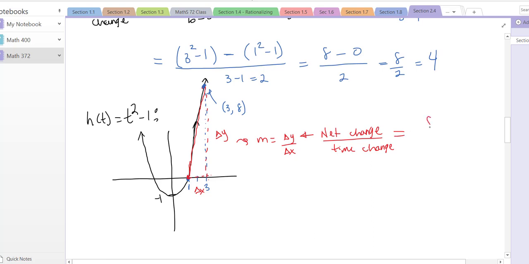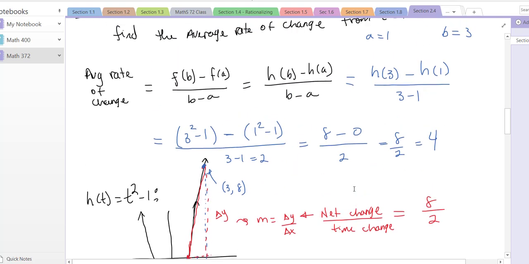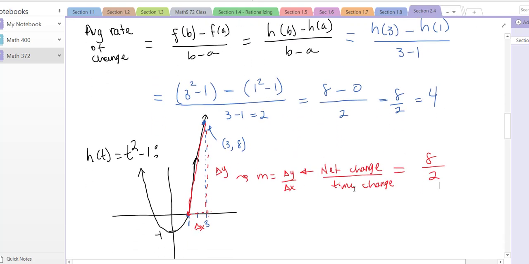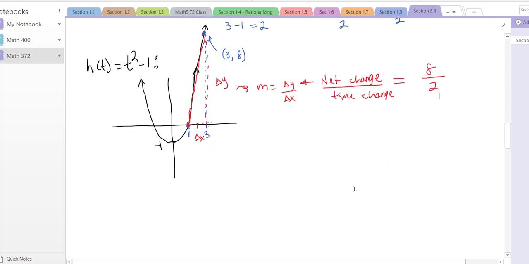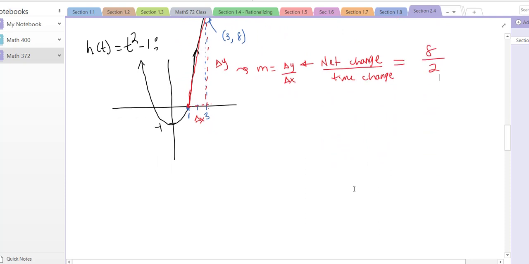So the net change is 8 and the time change was 2. And so that gives us the average rate of change. So think of the average rate of change. You're really finding the slope of a line, the line that connects those 2 points in a graph. So let's try another example.